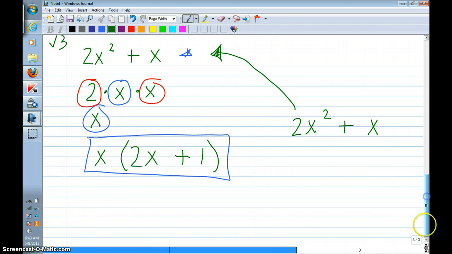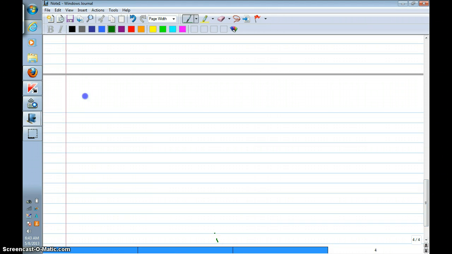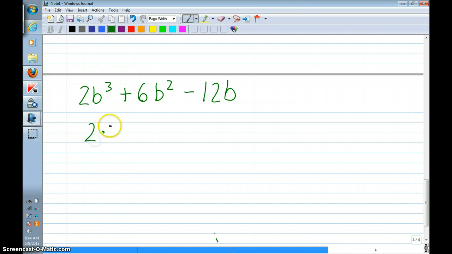Okay, let's try one with a trinomial then. It was 2b to the third plus 6b squared minus 12b. So first job, just write the prime factorization of them all. So 2 times b times b times b for the first one, 2b to the third.